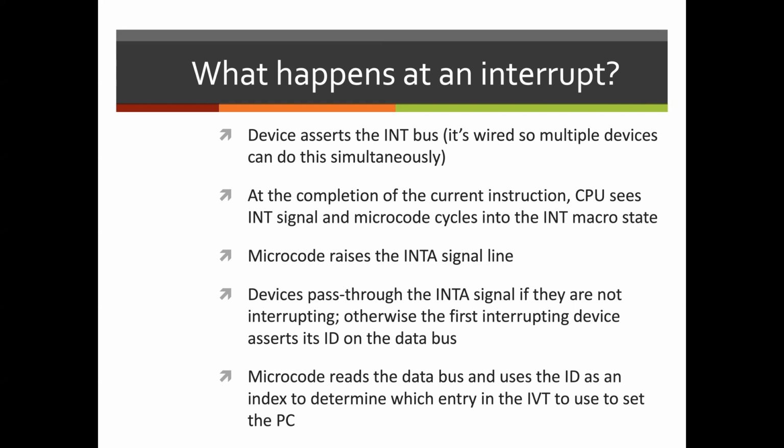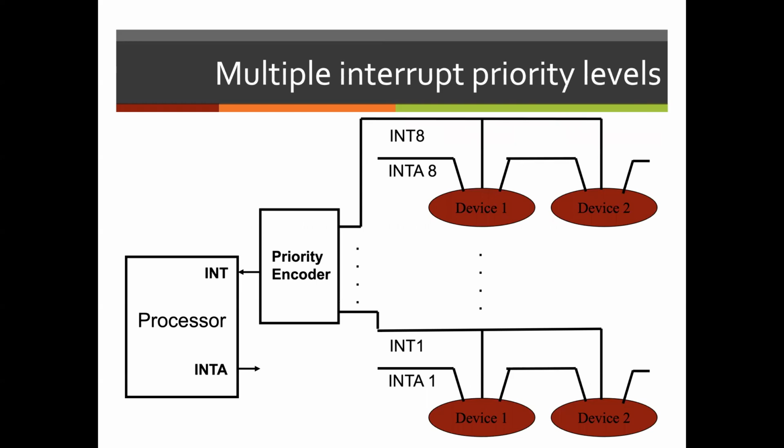And so with regards to implementation, we're able to have various priority levels that can be set. Here, starting with int 1 and int A1, we have a priority level of 1. And this can go all the way up to a priority level of 8.